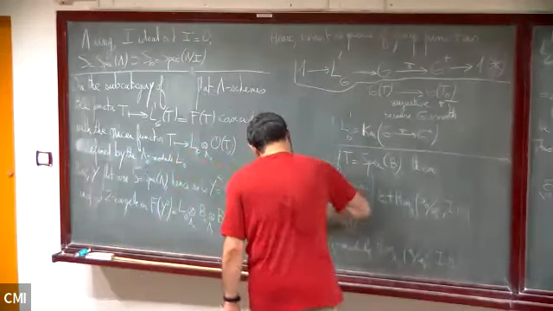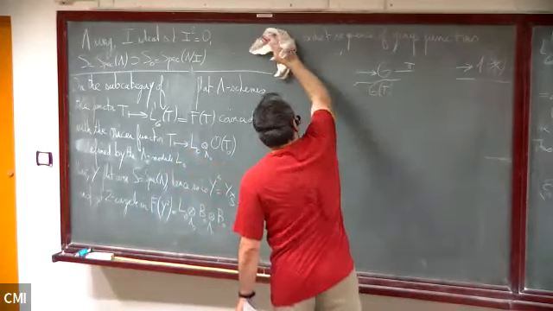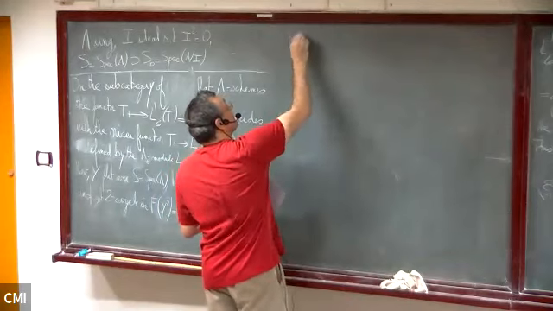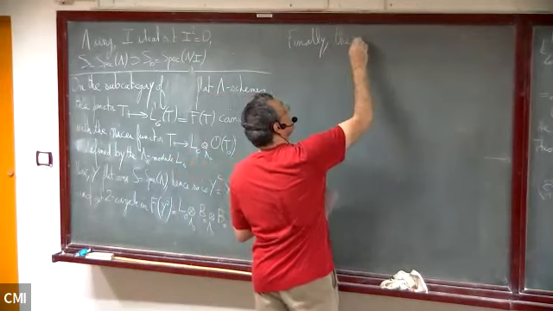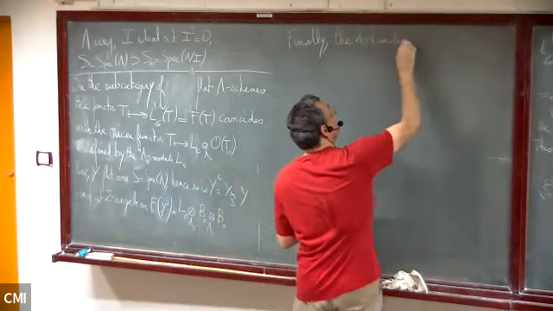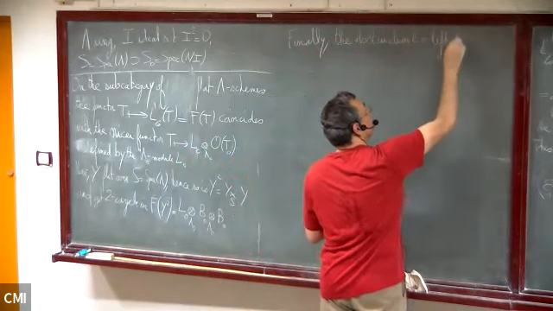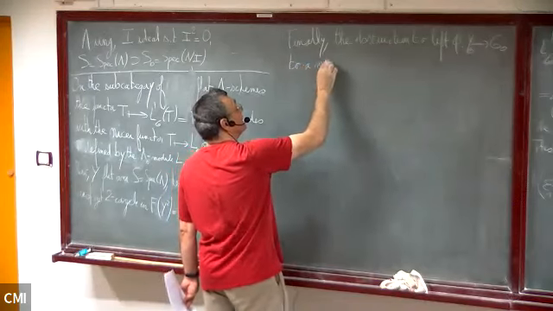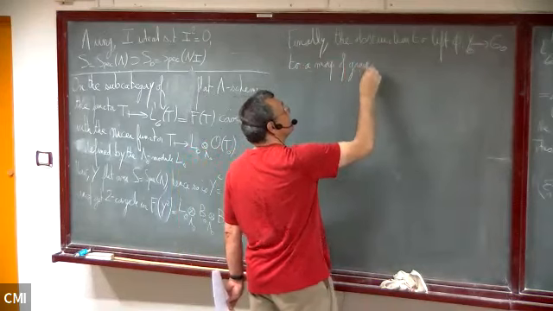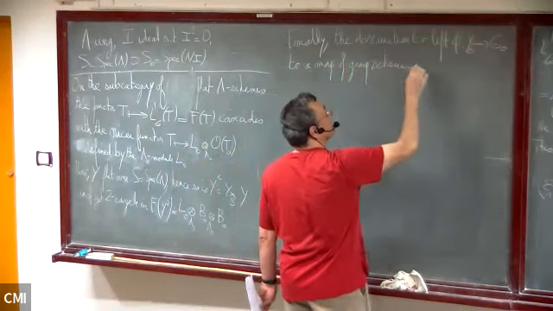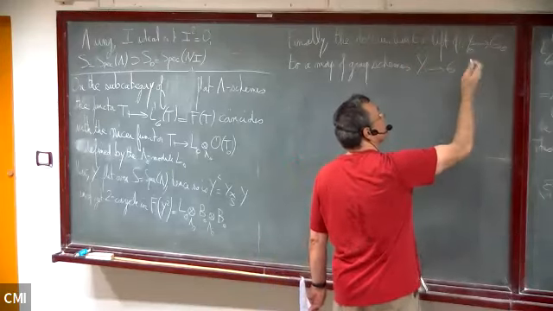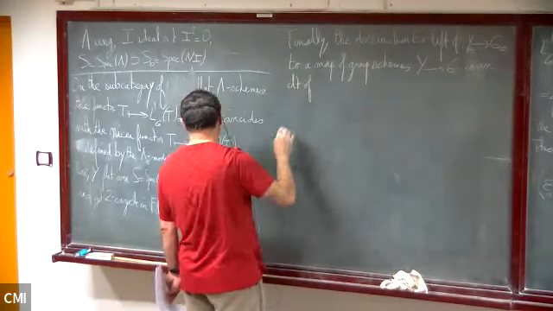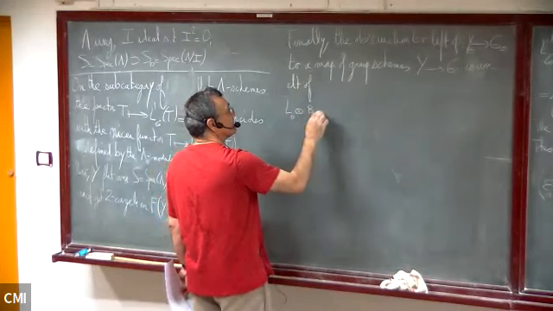So finally, the obstruction to lift the given morphism to a morphism of group schemes from Y to G lives in an element of this tensor product, L0 tensor B0 tensor B0.